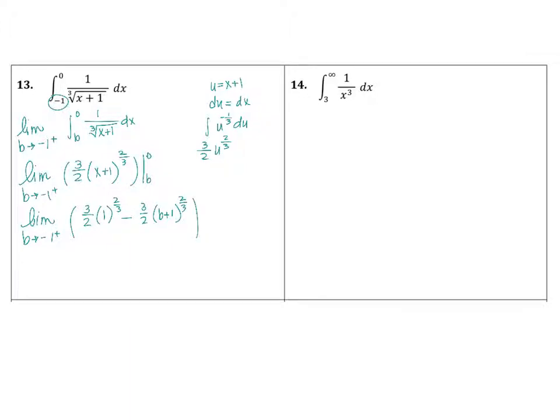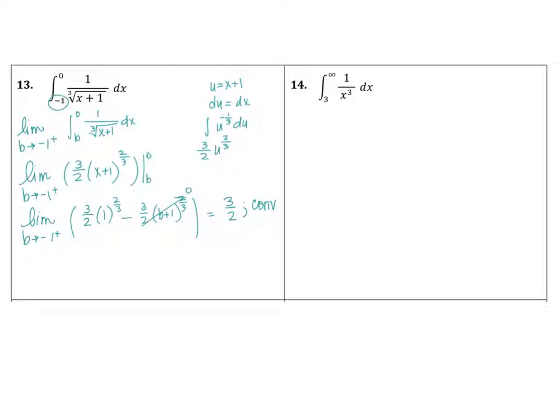And so here, as b is tending toward -1, that's going to be tending toward 0. So for this one, it looks like we're going to end up with 3/2, and therefore we are going to converge. All right, looking at number 14 here for this one.